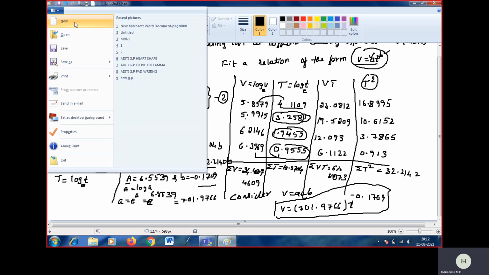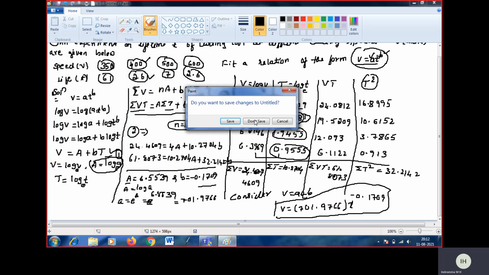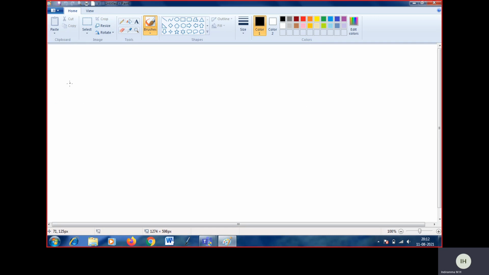Next we go for second degree parabola. Problems on fitting a second degree parabola for the given data. Okay. So write down the problems.